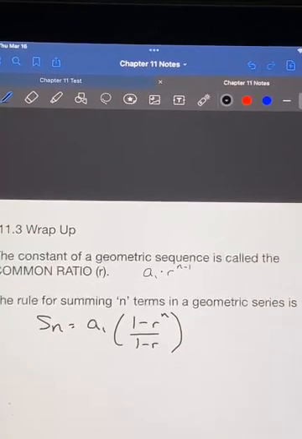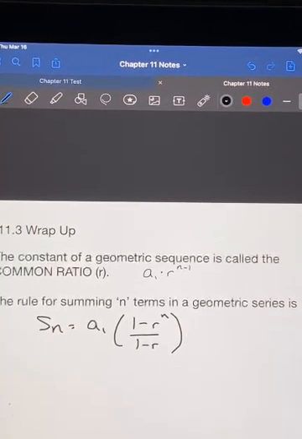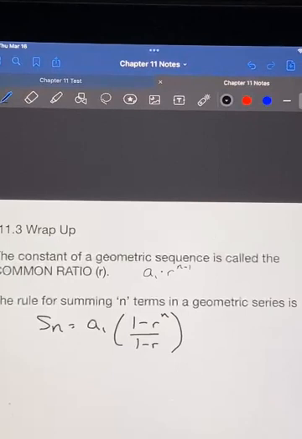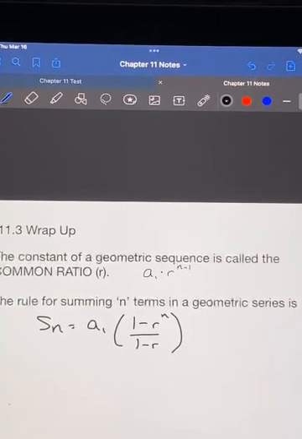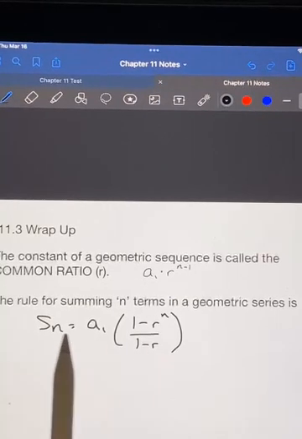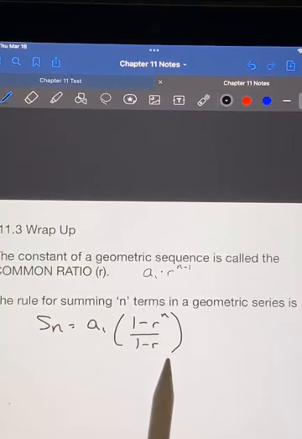And as long as you have one or two of these values in two different situations, we can solve for any of our unknowns because the tools in your tool belt have enough to solve for that. So these are the two most important formulas for 11.3 and to know how to use them and what the different values mean.